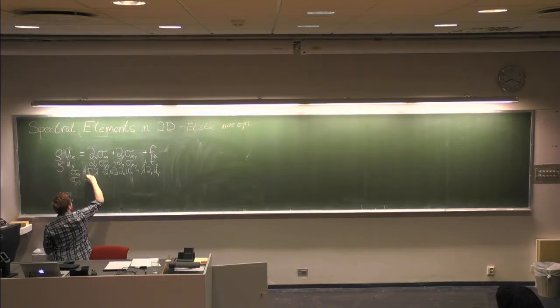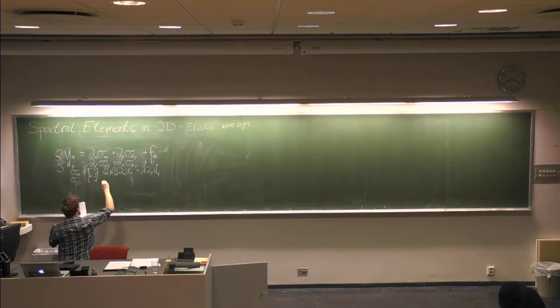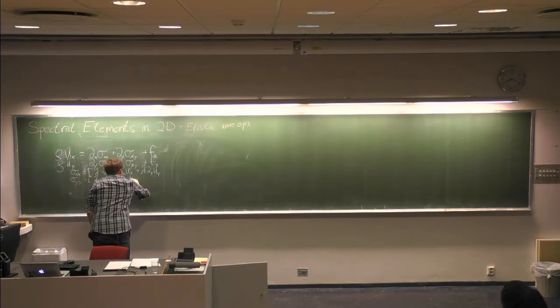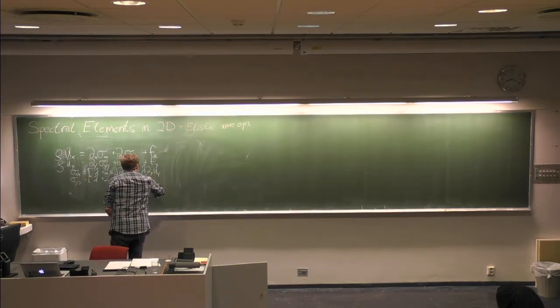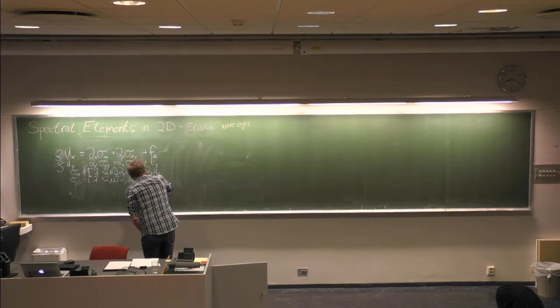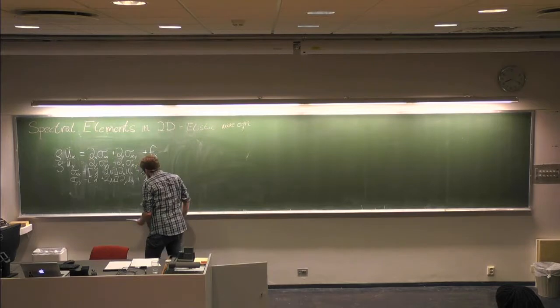So you see all of these look slightly similar to each other. Only the subscripts are different: dy uy plus lambda dx ux.